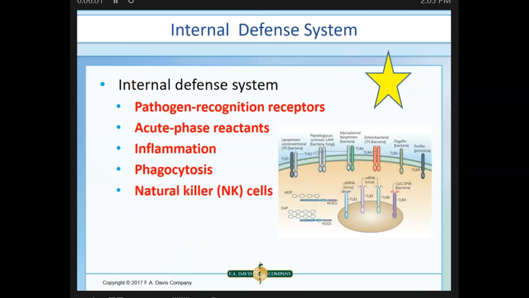The internal defense system consists of pathogen recognition receptors, which are on different kinds of cells, and we're going to talk about that next. Acute phase reactants, we're also going to define that. Inflammation, phagocytosis, and natural killer cells. Those are part of the internal defense system.